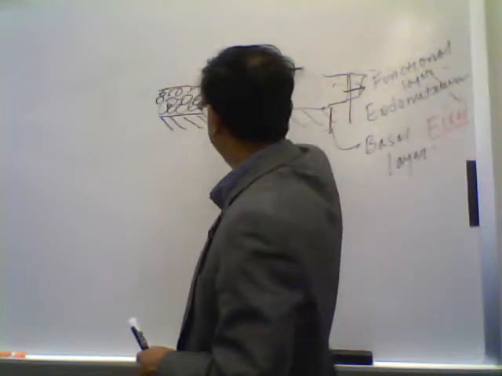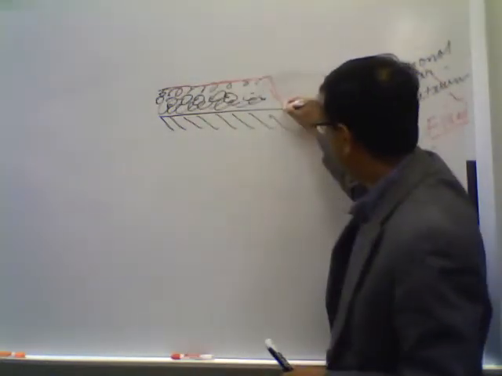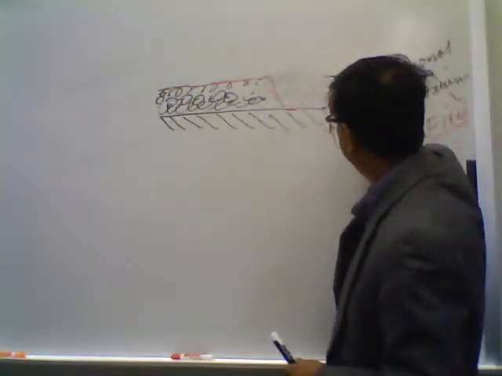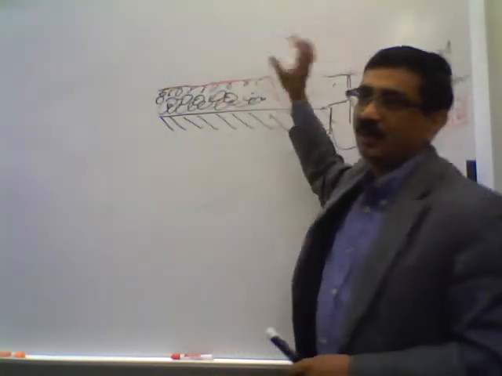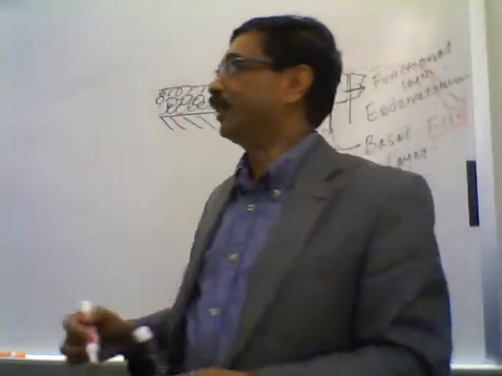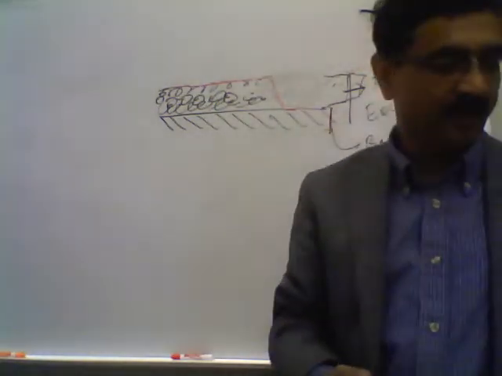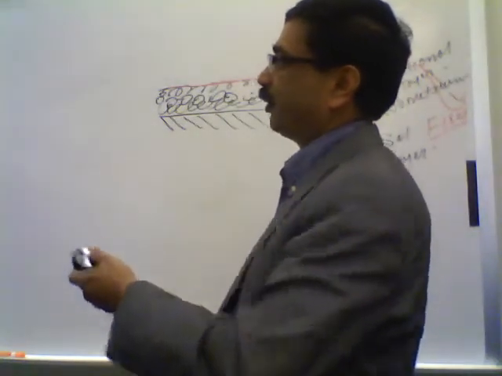The functional layer is here, destroyed completely, then again a new functional layer will start to grow and will be formed and will be destroyed again. Okay, so that's how the endometrium changes. But the stratum basalis will remain there, will not be destroyed. Okay.